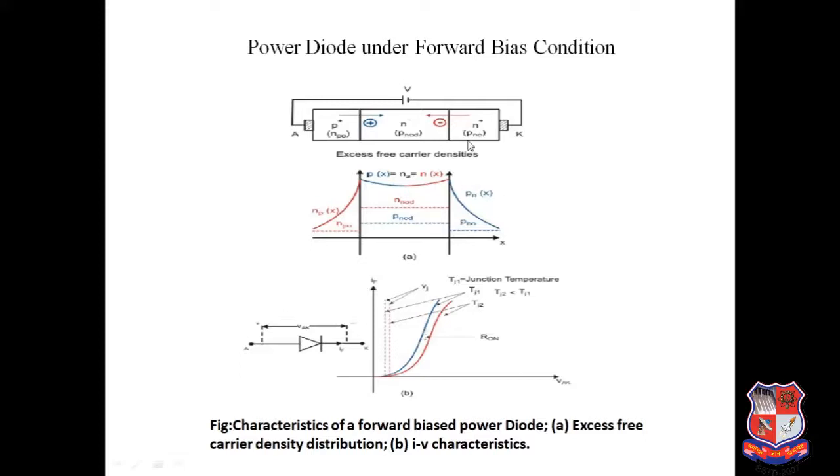So now excess P and N type carriers diffuse and recombine inside the drift region. Okay, so you can say that this will be from here and this is from here. This is nothing but a different temperature, Tj1, Tj2.